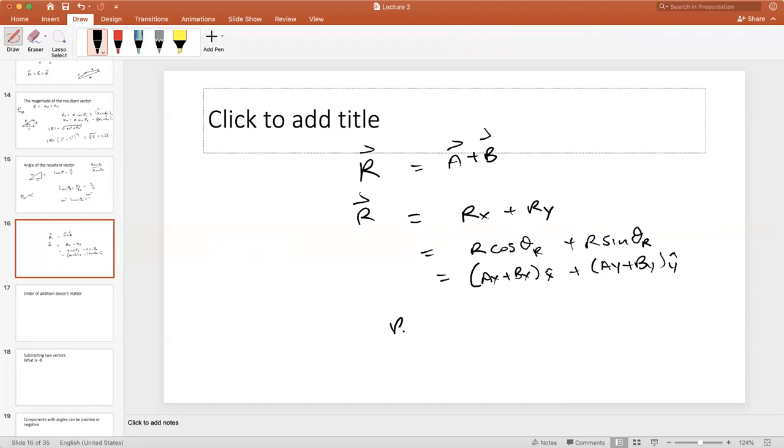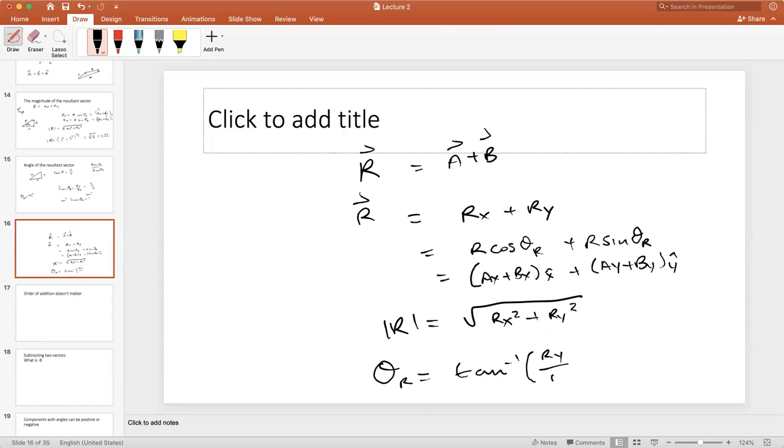And finally, we have the magnitude of R is Rx squared plus Ry squared, and the angle of R is arctan of Ry over Rx. This was a pretty simple example, but we've already got a whole bunch of work there, which is pretty crazy.